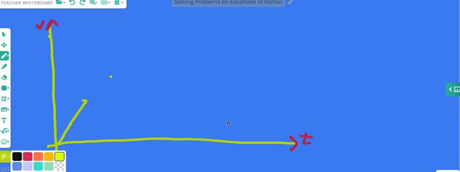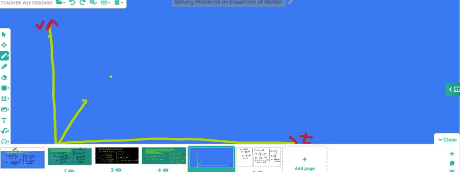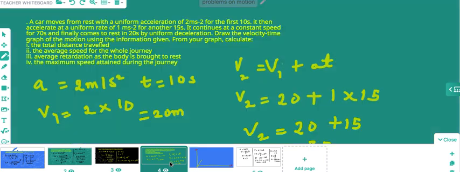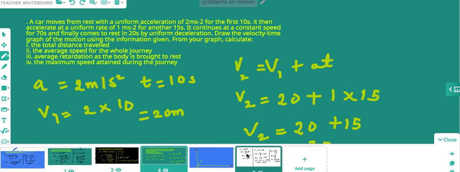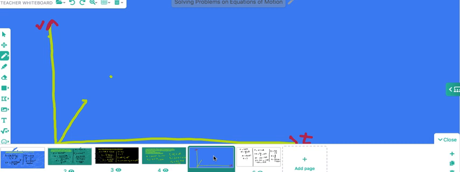the first velocity we calculated, was it 10 or 20? Let me check. That was 20, while the second one is 35. So first one was 20, the second one was 35. So you are going to put it like this. Okay, this is 20.